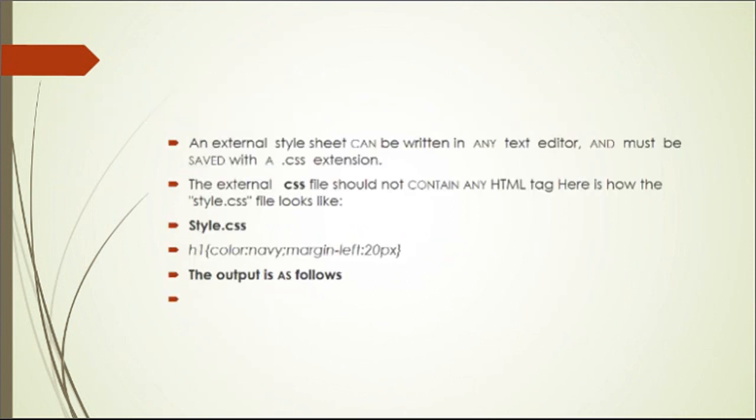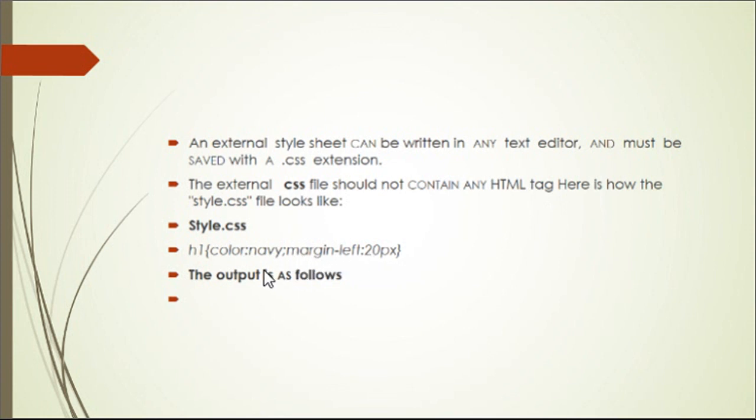Next we can see that the external style sheet can be written in any text editor and must be saved with a name.css extension. The external CSS file should not contain any HTML tag. Here we just take h1, color navy blue or navy, margin-left 20 pixels.